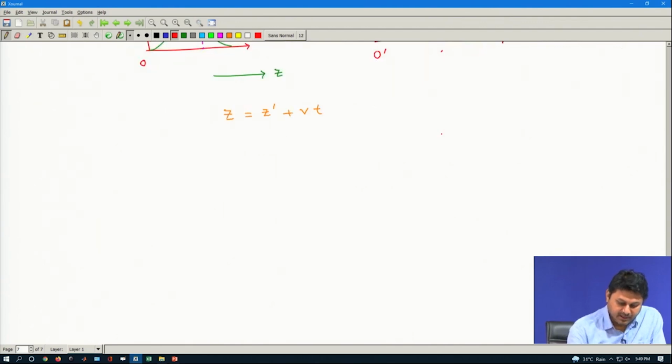Now I can have the function here. The function of z is the same point that we have at z prime, so these two things are eventually the same. Now z prime is simply z minus v t.